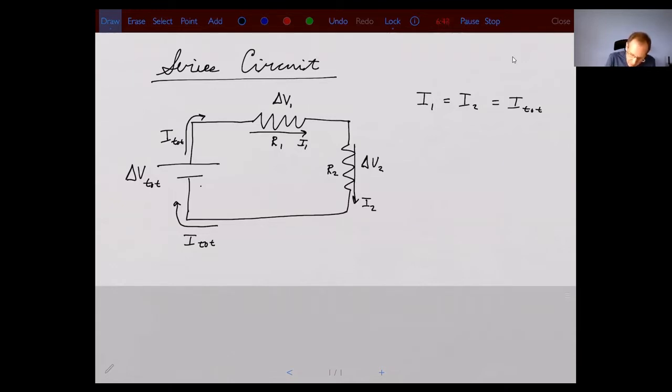So my potential would be back to whatever it was on this side of the battery, say V1. Therefore, we can say that the voltage gained across the battery, so we went up by delta V, is equal to the voltage drop across the two resistors.